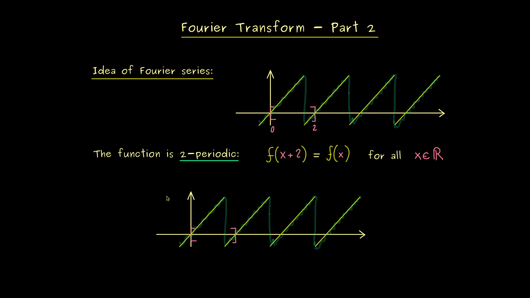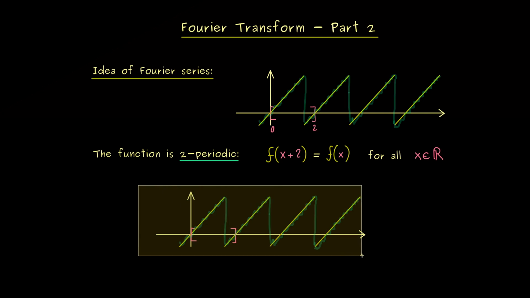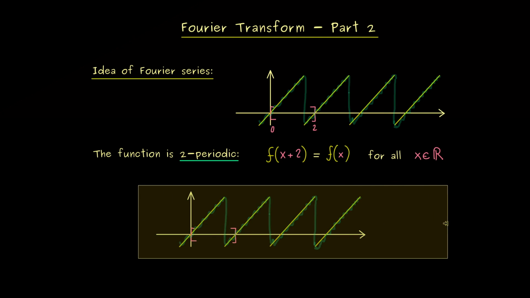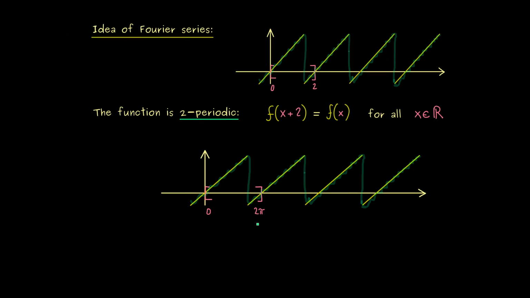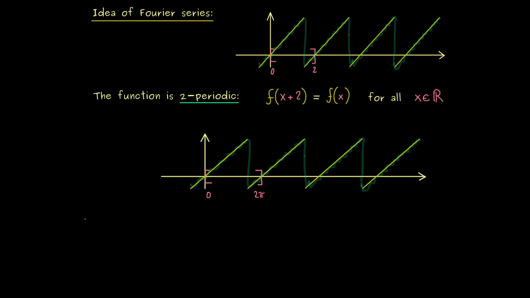Hence, a sensible thing we could do now is to take the function here and stretch it into the x direction until it's 2 pi periodic. This means we stretch or compress it until this interval here has the length 2 pi. It makes sense because the standard cosine and sine function are also 2 pi periodic. Therefore, we don't change any essential thing, but we make the whole notation simpler.